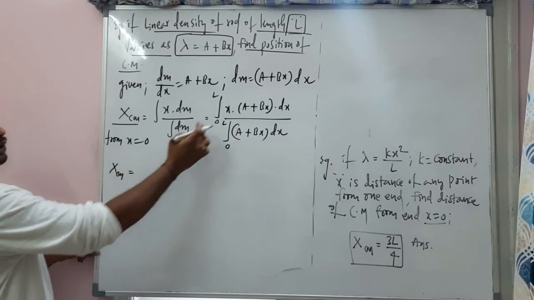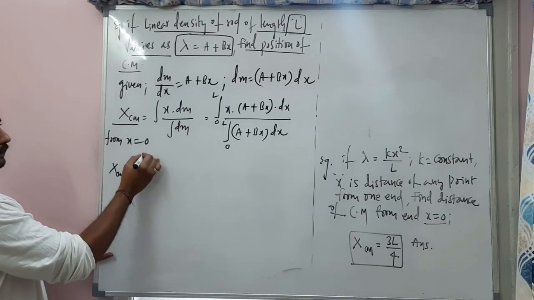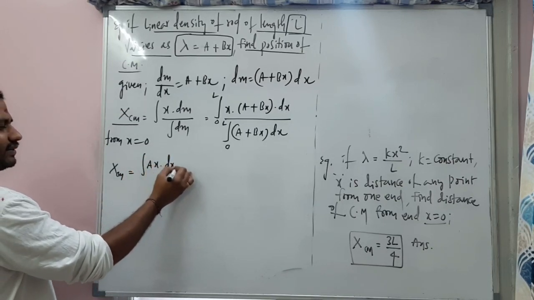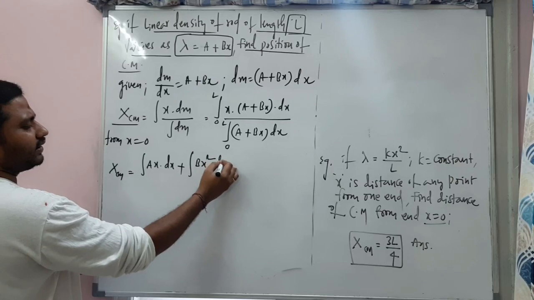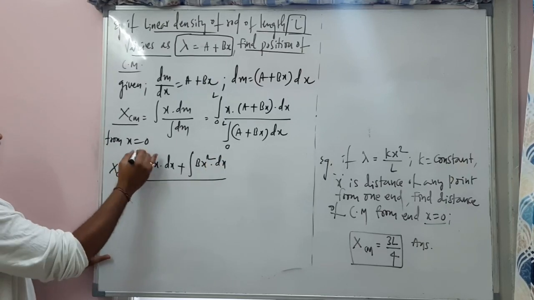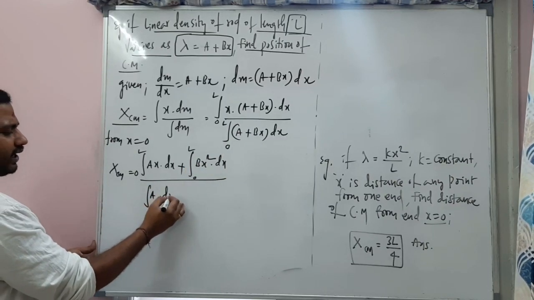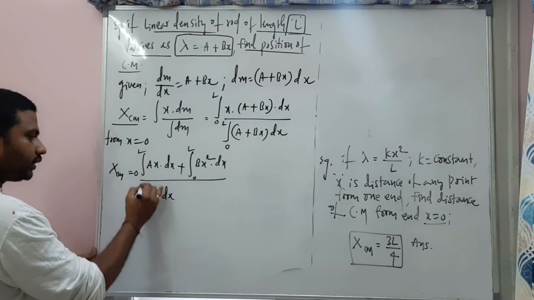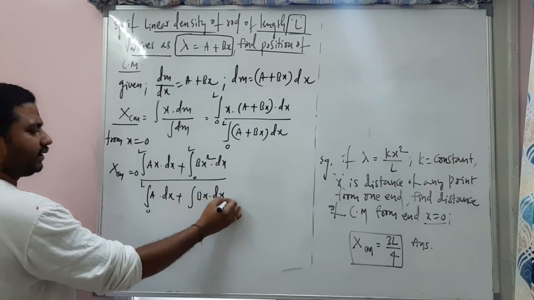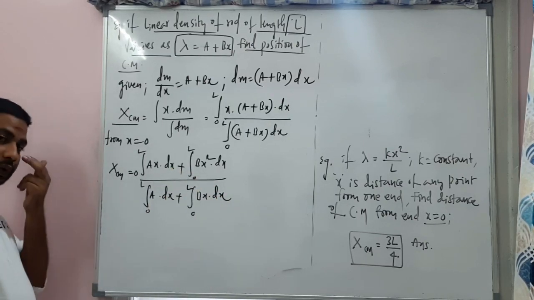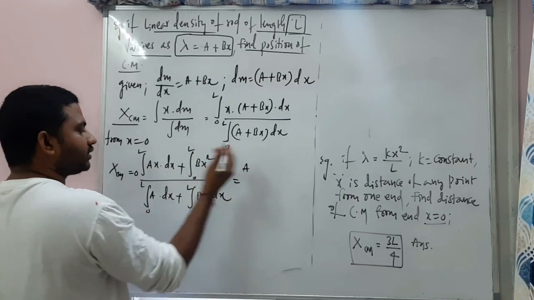Simple. This is integral ax dx plus integral bx square dx, limits 0 to L only, divided by integral a dx plus integral bx dx, 0 to L. Now here a comes out because it's a constant.